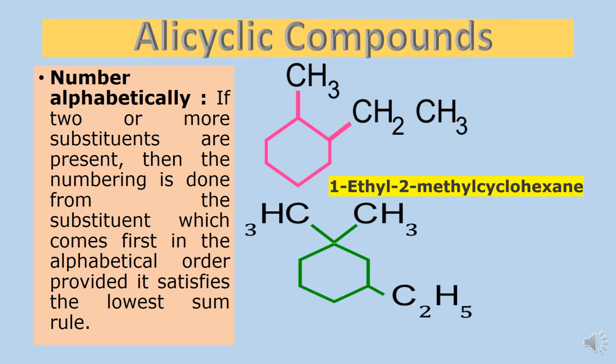But in case two branches are getting lower positions as compared to the one branch which is alphabetically prior, in this case we'll give numbering to the methyl groups, because two methyl groups are getting the lowest locants, the sum of locants rule applies, and we'll give lower numbers to methyl groups, and the name would be 3-ethyl-1,1-dimethyl cyclohexane.